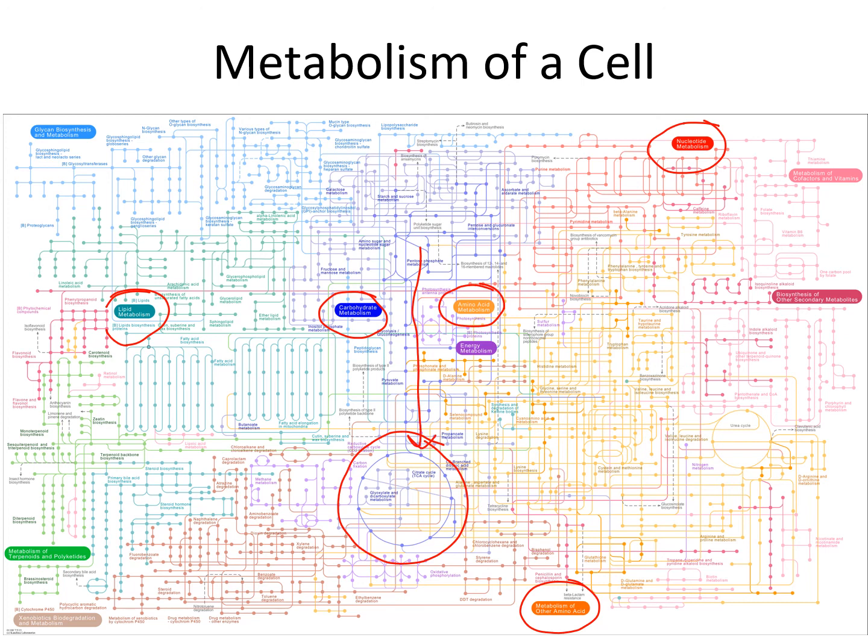So this is just an example of some of the biochemical pathways that occur in an individual cell. And if you look at them, a lot of them are interrelated. You can start with a lipid metabolism, and you can find a pathway which eventually leads you to produce nucleic acids.